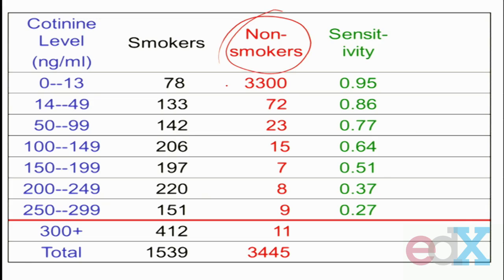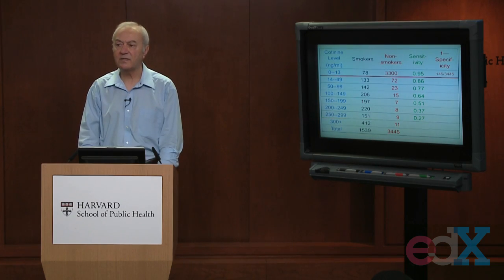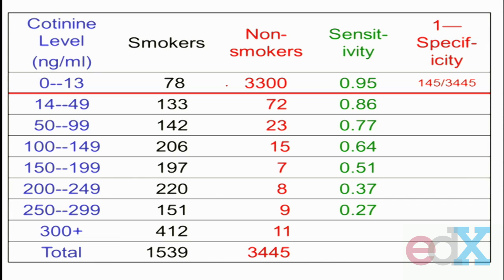So let's look at what happens to the specificity. Now, I'm going to set you up for the next graph, and there we plot 1 minus the specificity. So I'm going to look at 1 minus the specificity as opposed to sensitivity. No big whoop.